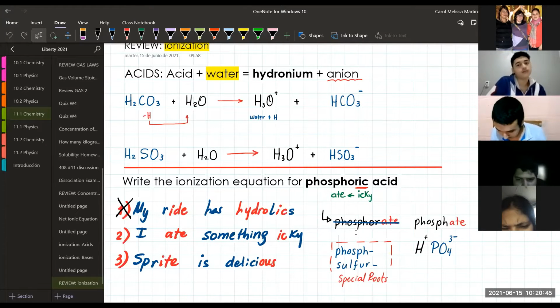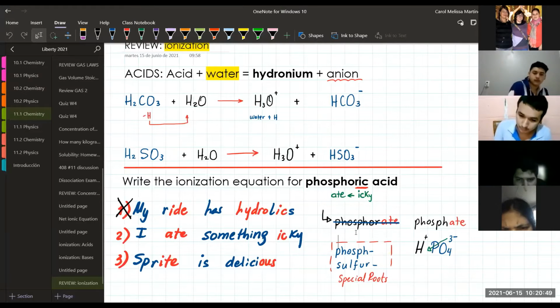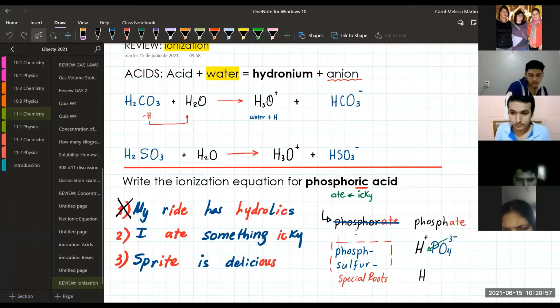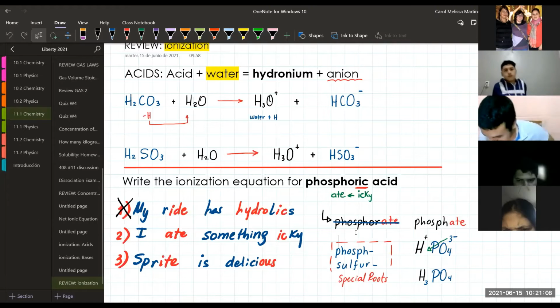Remember to interchange the position of the charge. So in the end, the formula for phosphoric acid is just going to be H, the 3 that is coming from phosphate, and then phosphate, like that. So all this process just to say that this is phosphoric acid, okay?